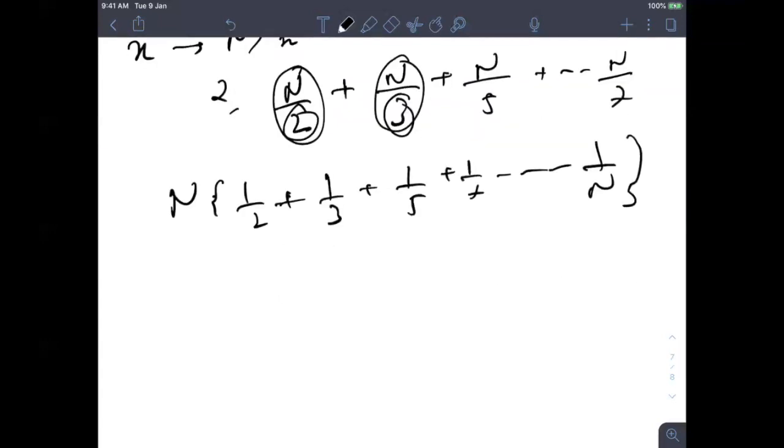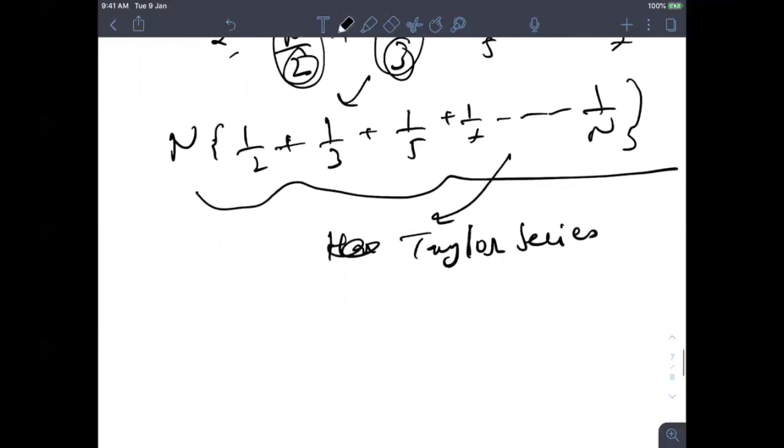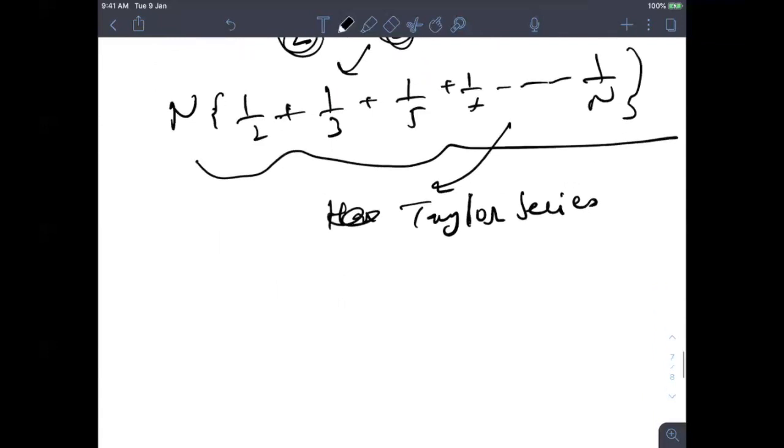Now, I'm not that good at mathematics for sure. This is a harmonic series, and you can solve it using a formula. I don't remember right now, but there is some formula in Taylor series. If you remember from 12th class, you must know. You can Google about it.